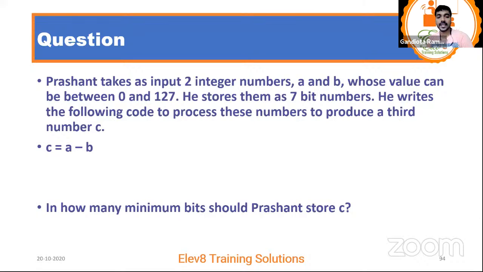A function takes as input two integer numbers a and b, whose values are between 0 to 127.